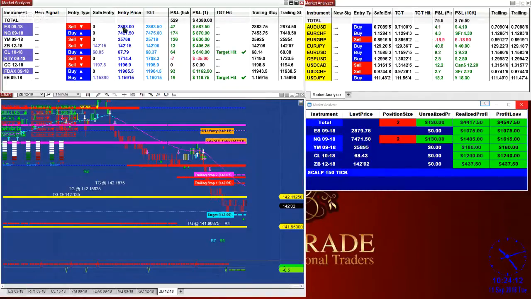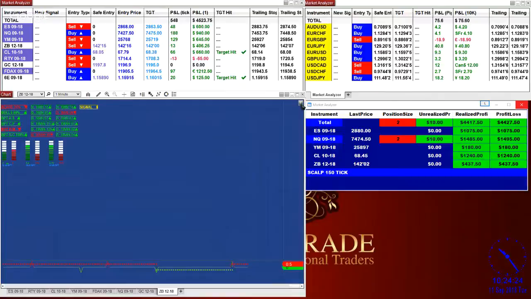As an example, you have 2868 on the ES, and the target is 2863, which did hit the target. And so the total from that target is 48 ticks from the signal, and then the total PNL for that trade.